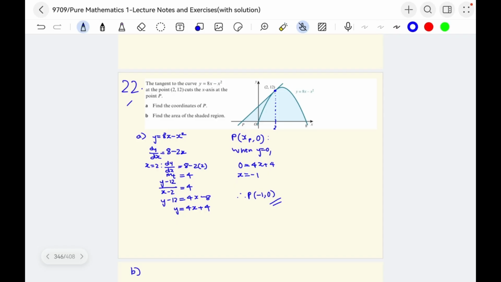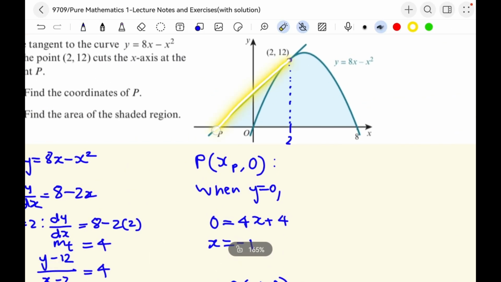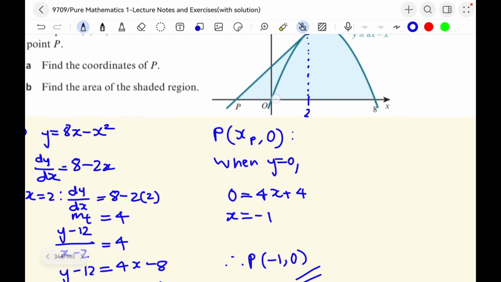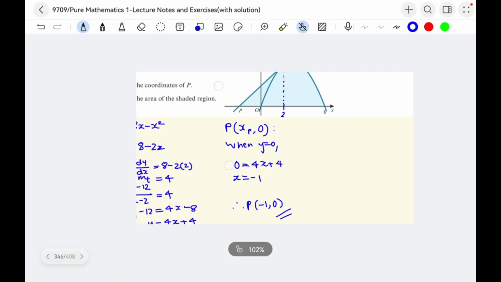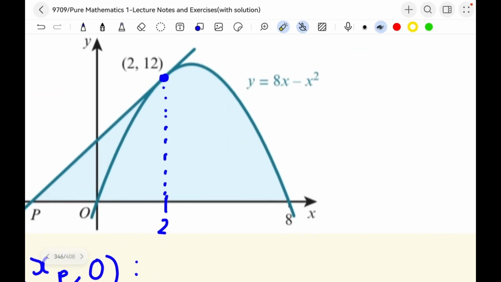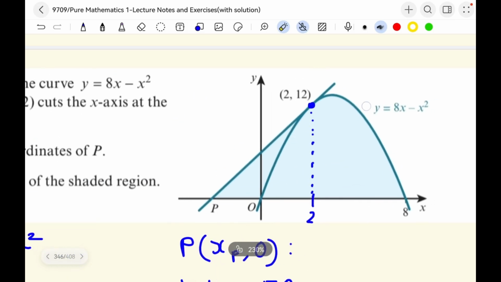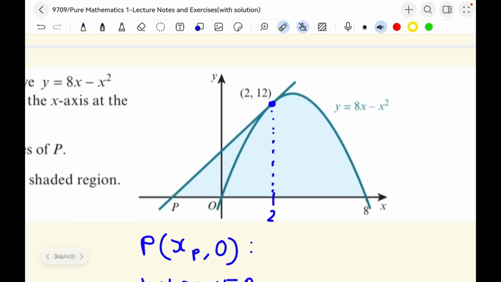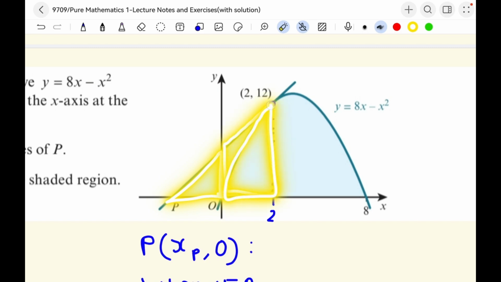So first, let's look at the triangle over here. Okay, before we start calculating, you have met several approaches. One, find the area of this right angle triangle, and then the area of the trapezium minus the area under the quadratic curve.